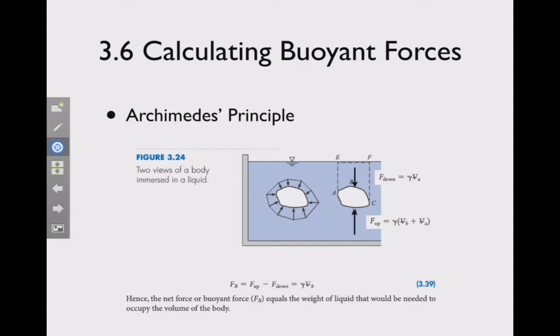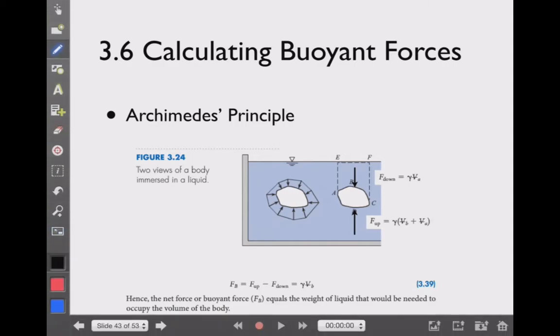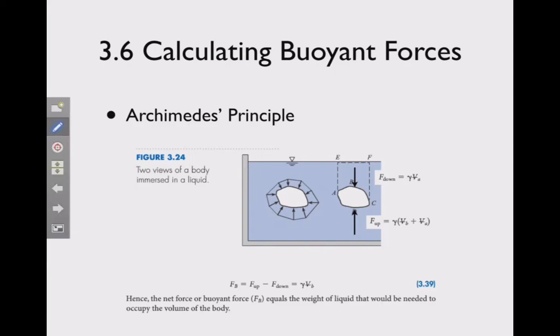The buoyant force is going to be greater on the bottom than on the top, and we can think of it either in terms of a hydrostatic pressure distribution or in terms of the forces. And of course, when we just simply calculate the buoyant force, FB, as being F up minus F down, we can see that this is basically a very simple equation.